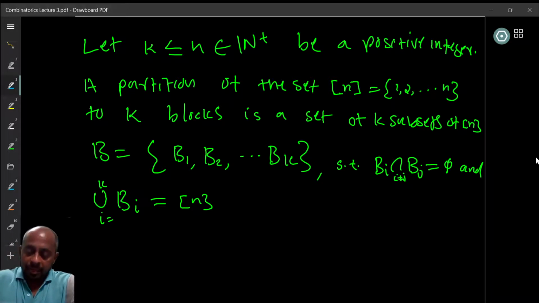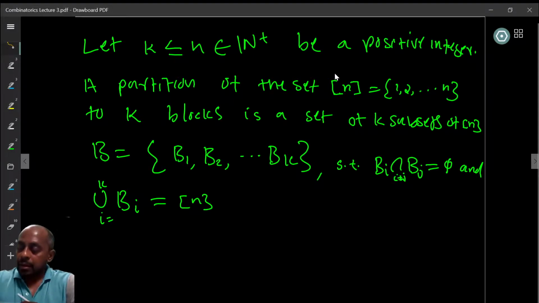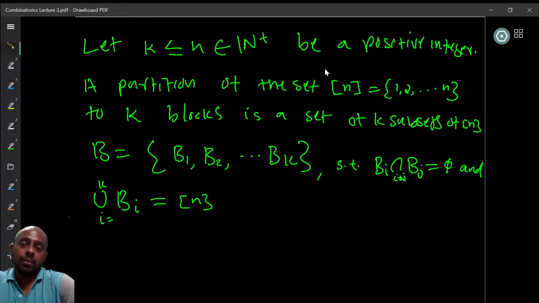So I think I already mentioned this notation that I will use: within the square bracket, [n] is the set 1 to n, that is, 1, 2, 3, etc., n. Now, what we have defined here is a partition of a set. A set with n elements I am partitioning into k blocks, such that they are pairwise disjoint and the union is the whole set.